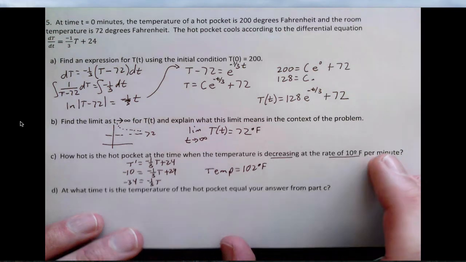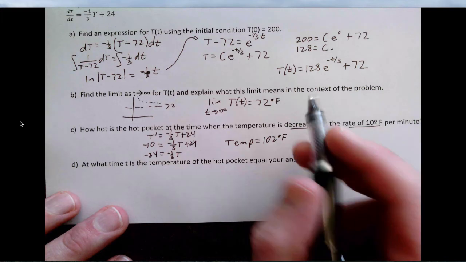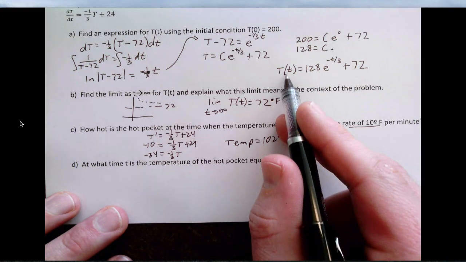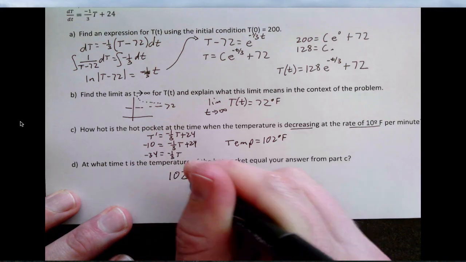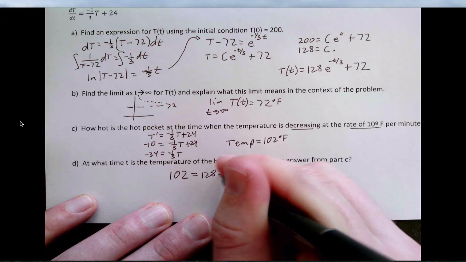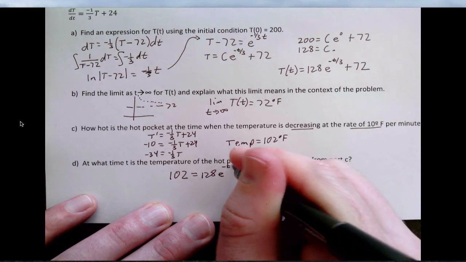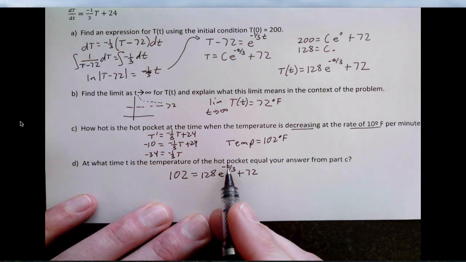All right, at what time did this occur for part C? Time and temperature are related in this function that I found up here. So I know that I've got my temperature of 102, 128 e to the negative t over 3 plus 72, and I have to solve for little t.